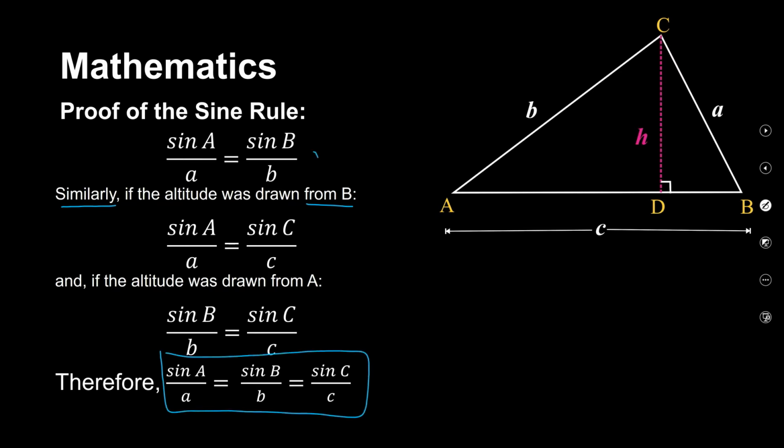We've proved that sine A over A equals sine B over B, and that's equal to sine C over C, so they all three have to be equal to each other. And remember, from this we can conclude the reciprocal version by just swapping that around.